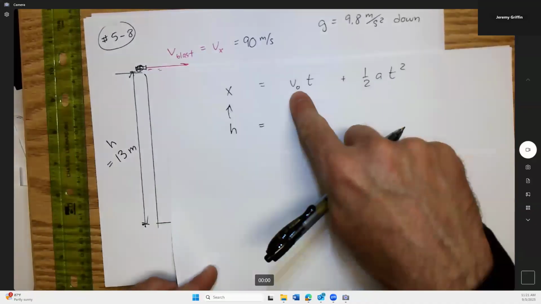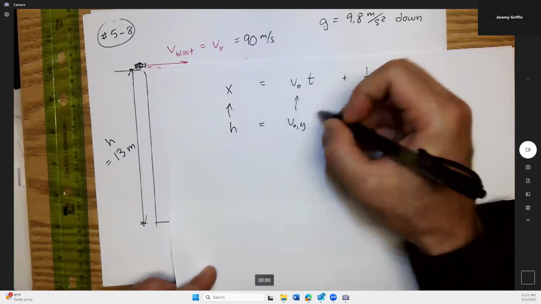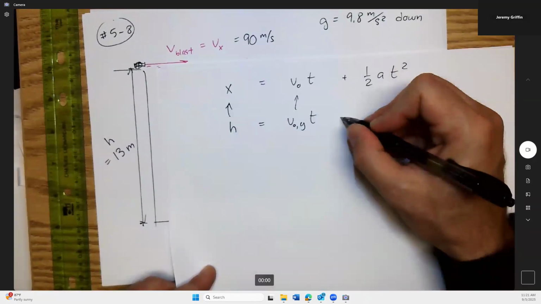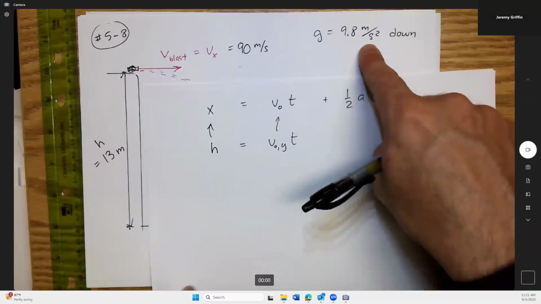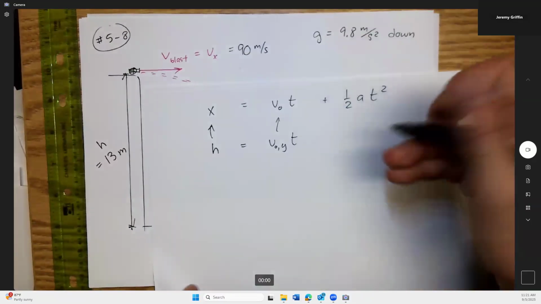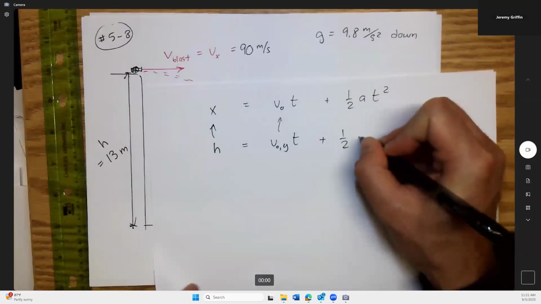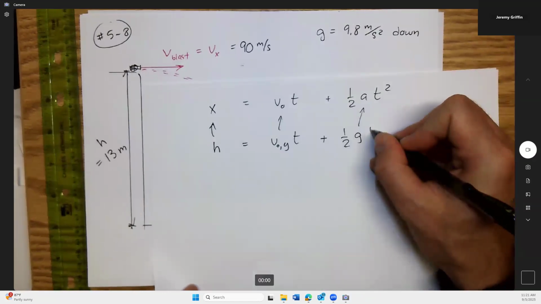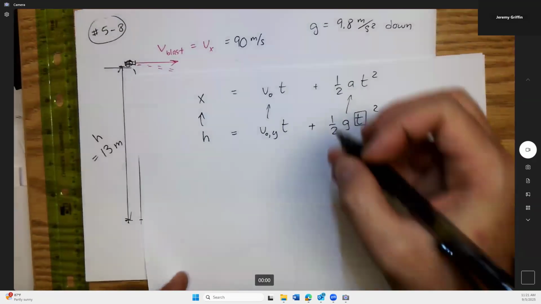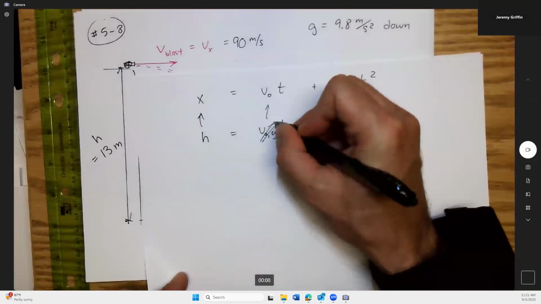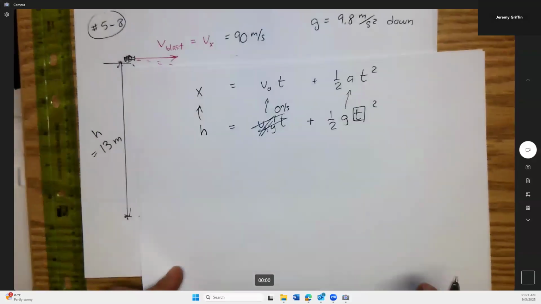This is the initial velocity in the y direction, times t. And it's okay if I just call gravity positive, so down is positive for this one. That might change later, but I'll call this plus 1/2 g t squared, where t is what we're solving for. But since you know that initial velocity in the y direction is just 0 meters per second, doesn't that just knock out that middle term anyway?